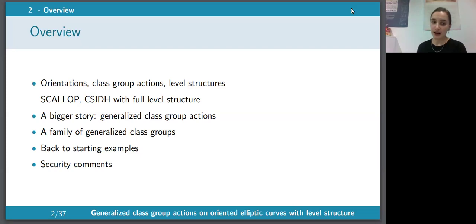I will then define a large family of such generalized class groups and their actions on certain sets that we're going to discover. I'm going to state one theorem about such a family of generalized class groups. And under the light shed by this new theorem, I would like to go back to the starting examples and sort of reinterpret them. And finally, I will conclude with some very brief security comments.